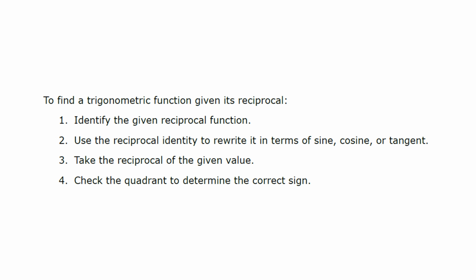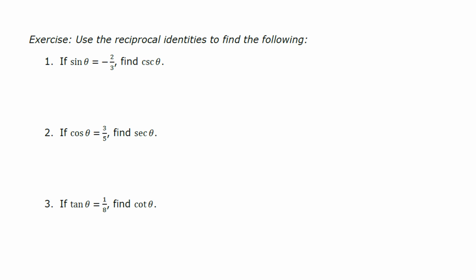So let's do some exercises together. Our directions tell us to use the reciprocal identities to find the following. If sine of theta equals negative 2 over 3, find cosecant theta. Well, according to the reciprocal relationships, cosecant of theta equals 1 over sine of theta.